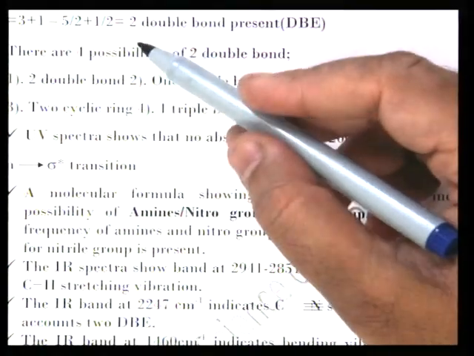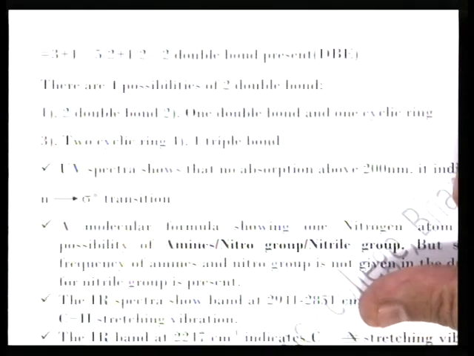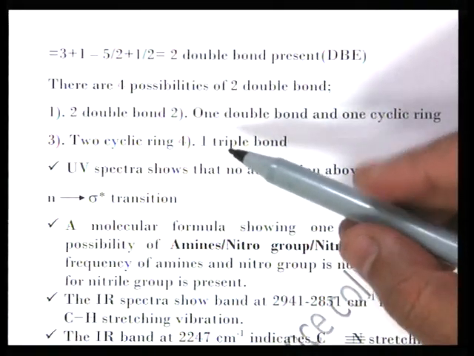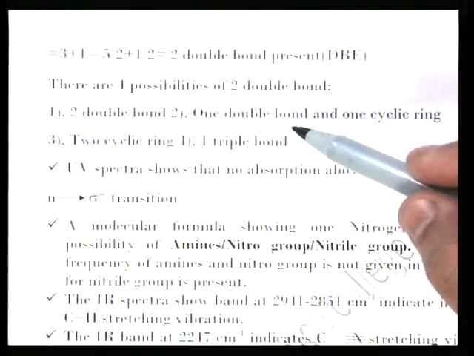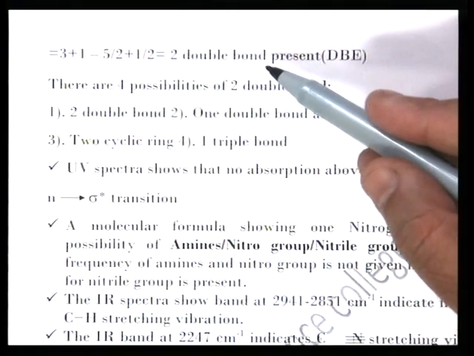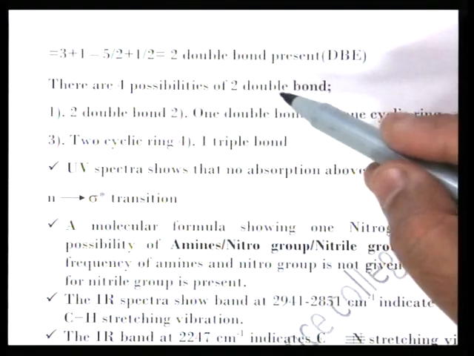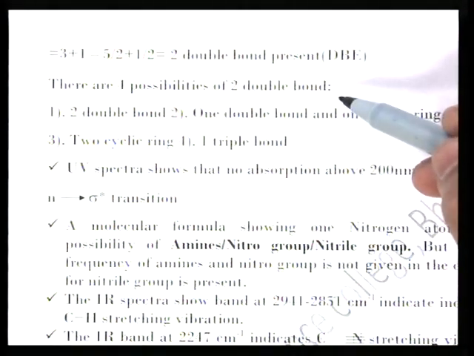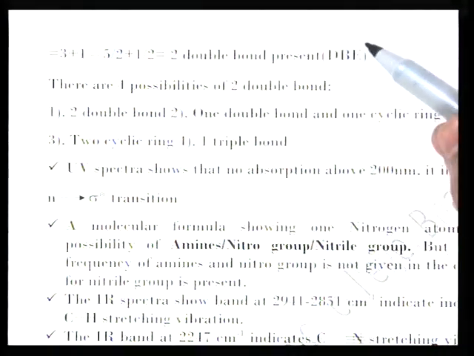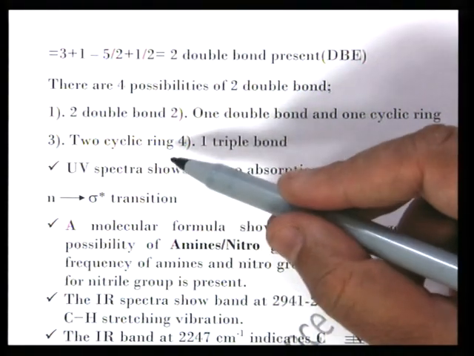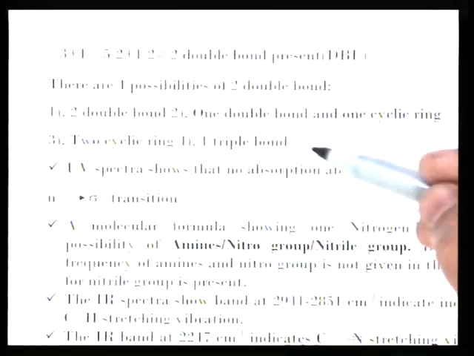According to that formula, the double bond equivalent is 3 plus 1 minus 5 by 2 plus 1 by 2, equal to 2. In short, it is DBE. There are 4 possibilities for 2 double bond equivalents: 2 double bonds, 1 double bond and 1 ring, 2 rings, or 1 triple bond.